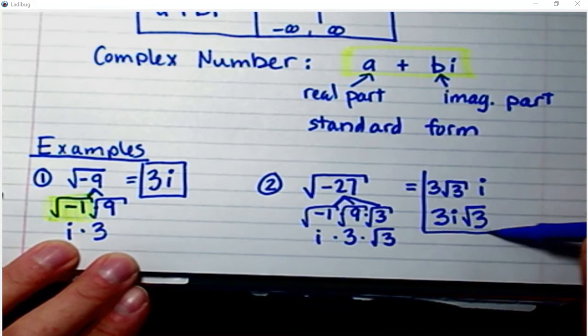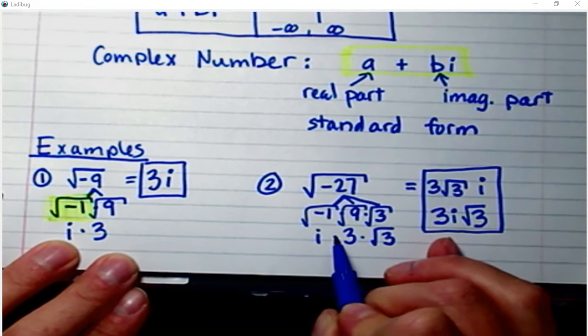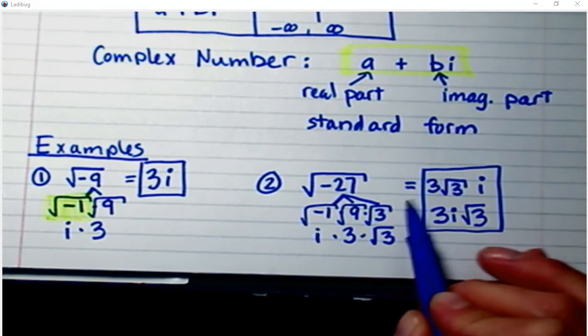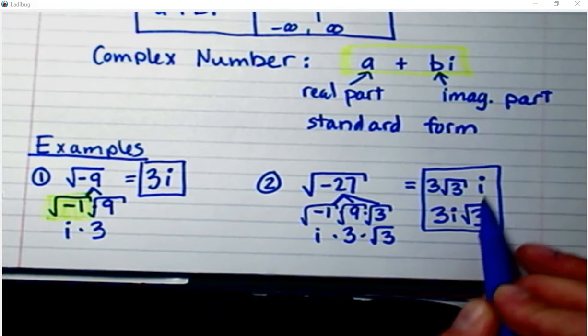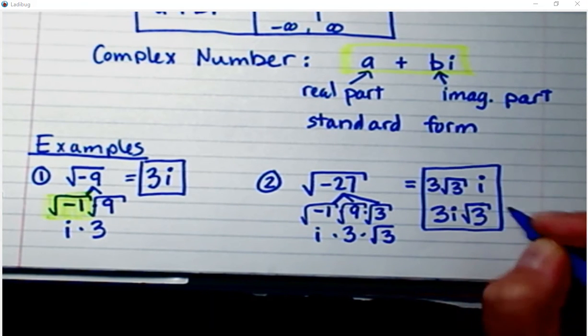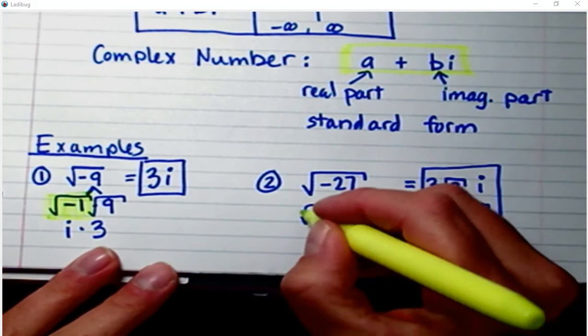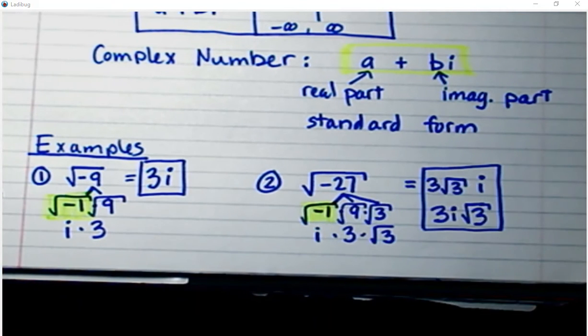They're both correct, because it's multiplication, which is commutative. You can multiply them in any order, and it still works. But you might see it written either way. Just be careful that that i doesn't slip underneath your radical. Okay, I'm just going to highlight this part because that's the definition that I used in order to simplify.